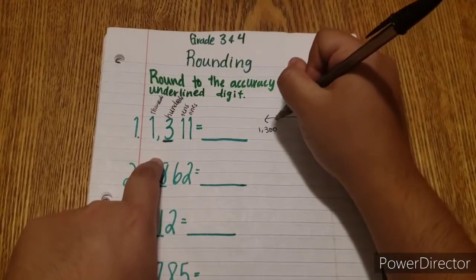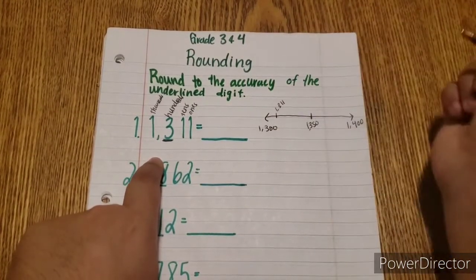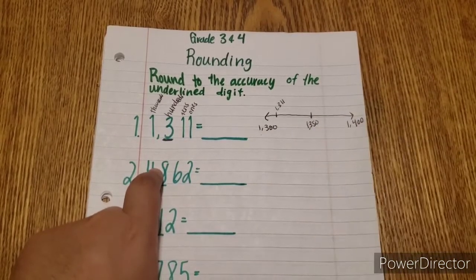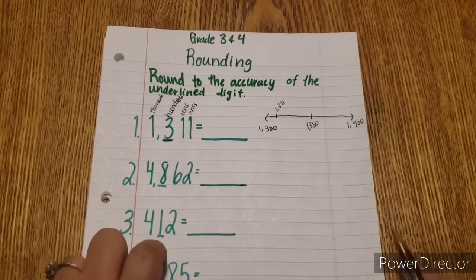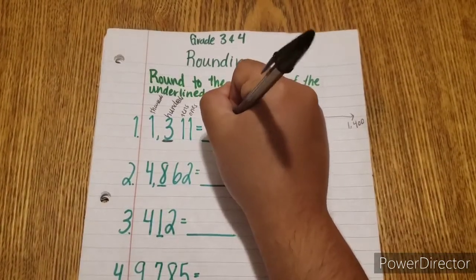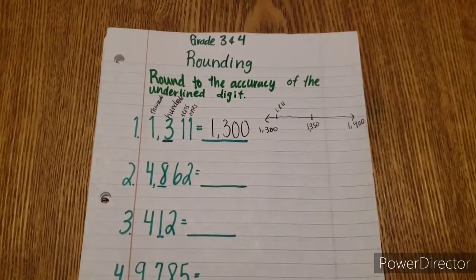It would go right about here. So this would be 1,311. Would it be rounded to 1,300 or 1,400? It would be rounded to 1,300. Now let's go to the next one.